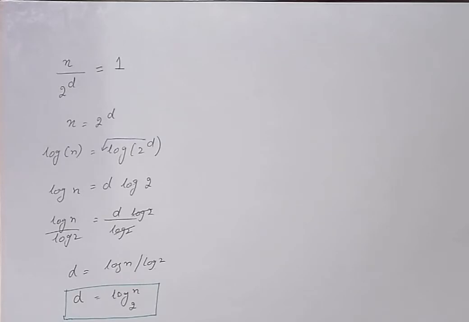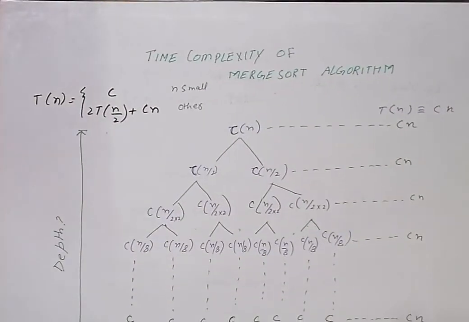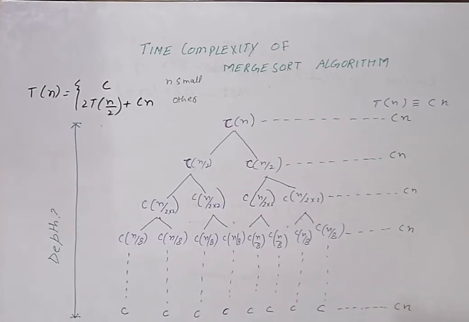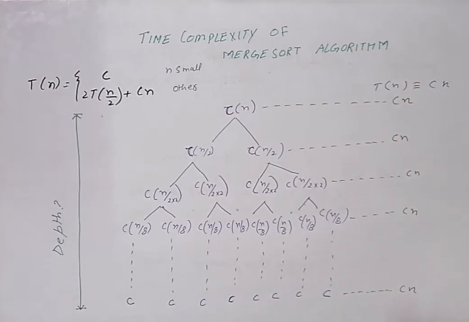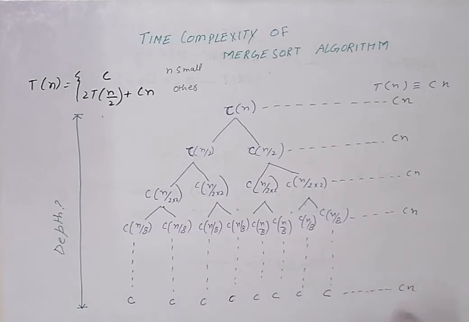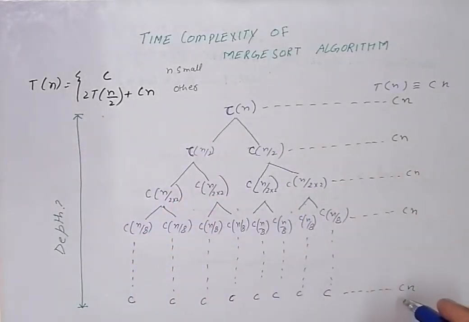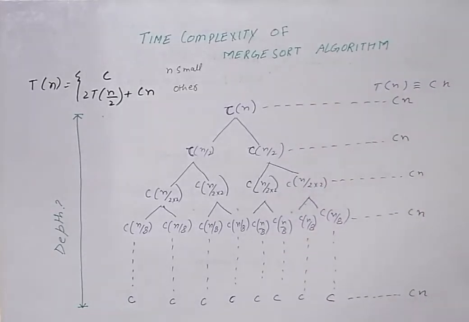Now let me show you this page again. Here we have calculated the computational time at every level, and at every depth the computational time is c of n. So I need to multiply this depth with the computational time in order to figure out the overall time complexity of merge sort.